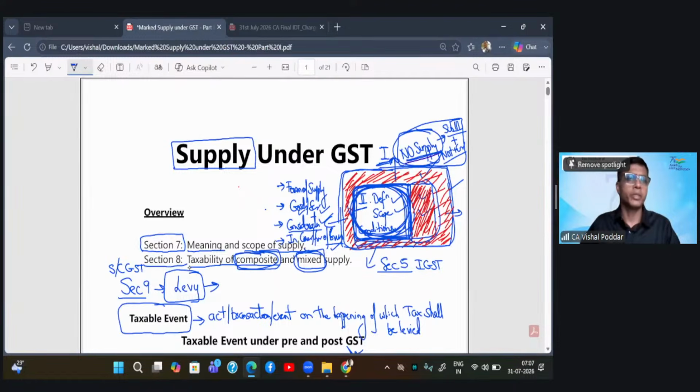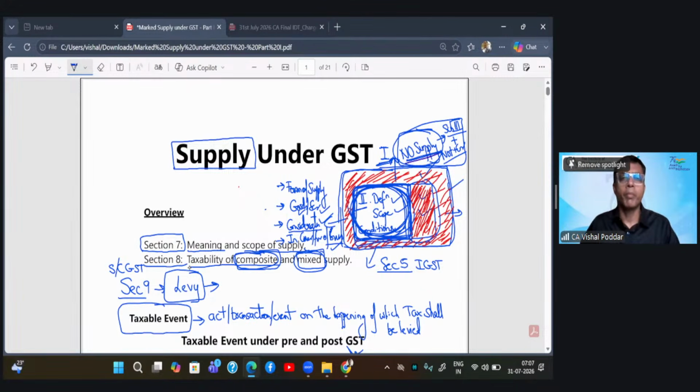If it is composite supply, then out of the various elements of the package, that item, which may be of goods or of service, which is the principal supply, will be considered for taxability. It means the entire package will be taxable as if it is the principal supply.